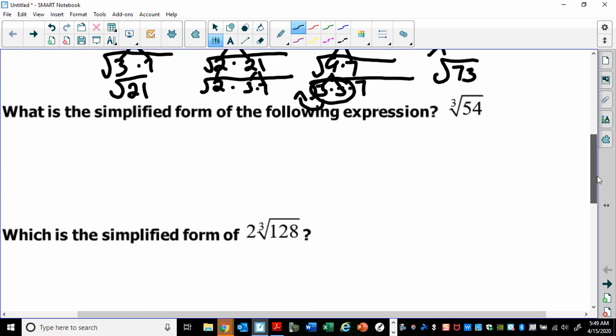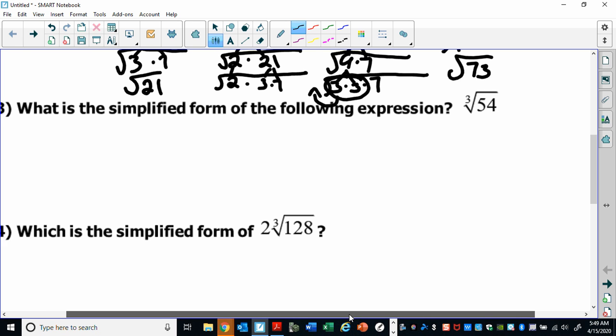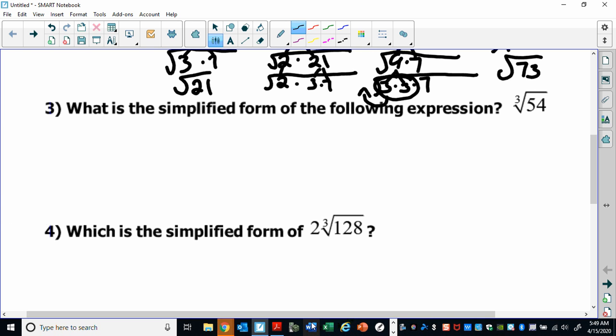Now we're going to simplify the following expression. This time we have a cube root. A cube root means we're looking for groups of, that's right, 3. Groups of 3. So we're going to come over here. Let's write it down over here. Getting a little bit better with this thing. And I know that 9, well, we can do 2, so let's do 2 times 27.